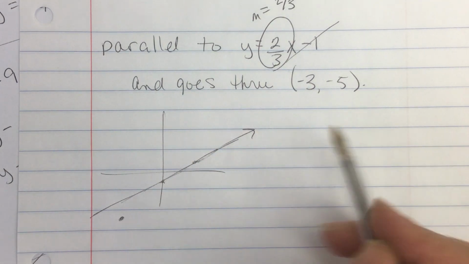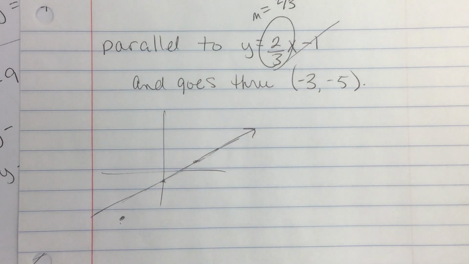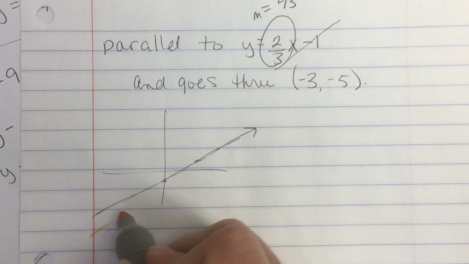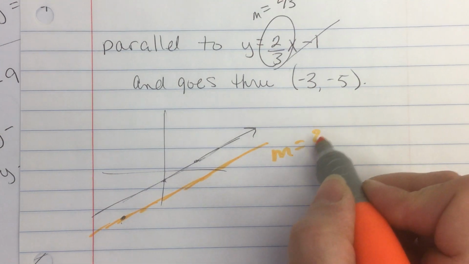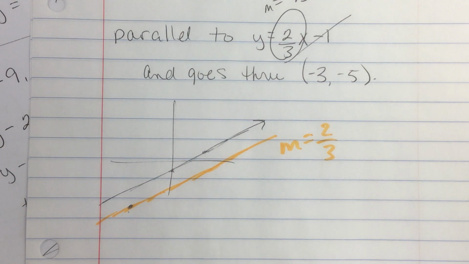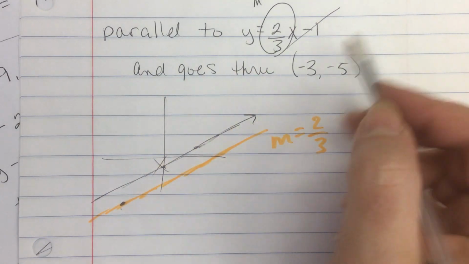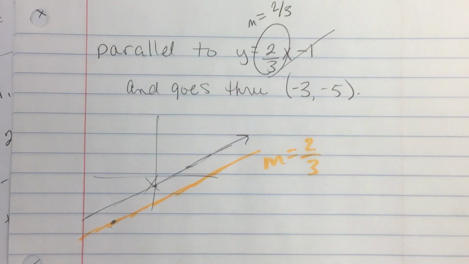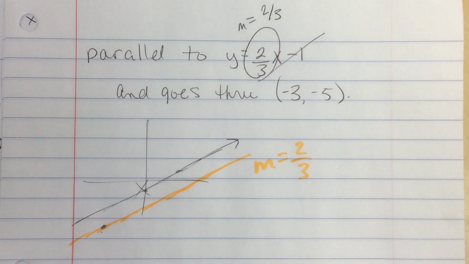So it looks about like that. -3, -5 is down here, so we're trying to find the line that is parallel to that. Okay, so the slope of this line is also 2/3. This orange line has nothing to do with this -1, so don't use it anywhere. So I write down m equals whatever and then cross off the rest of that equation, okay?